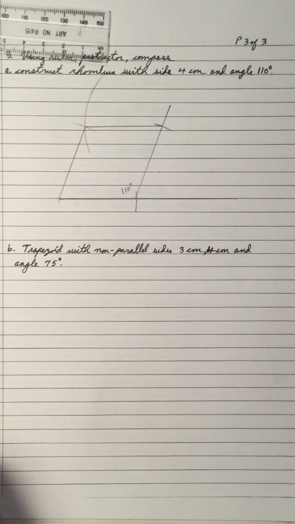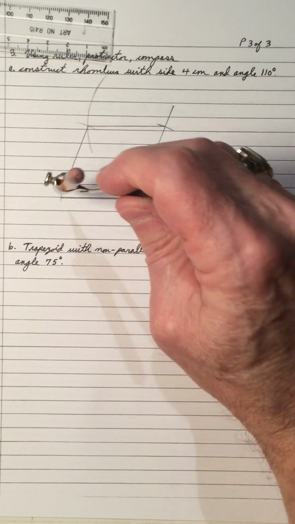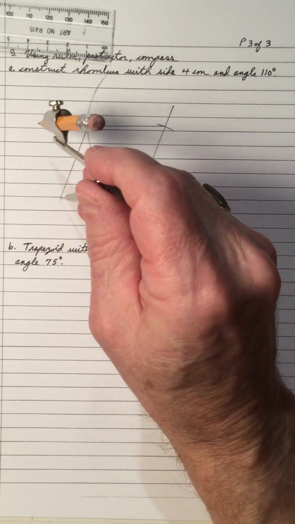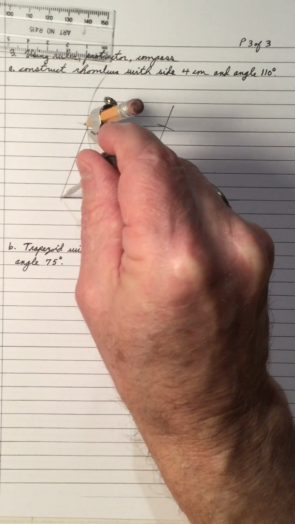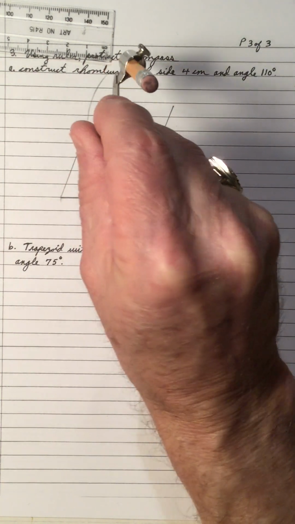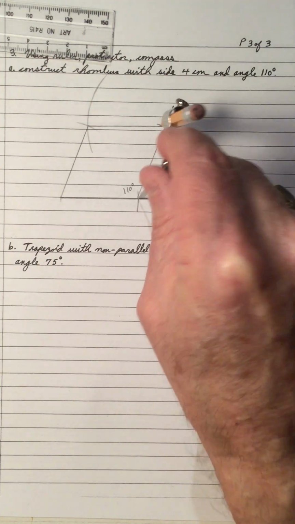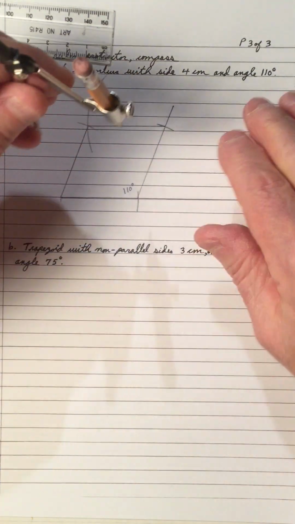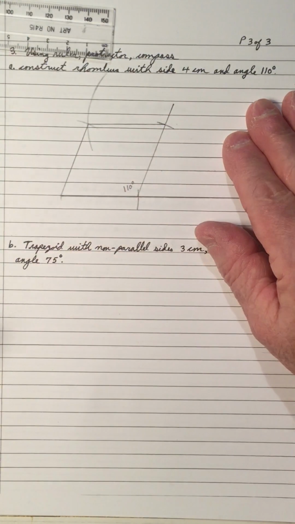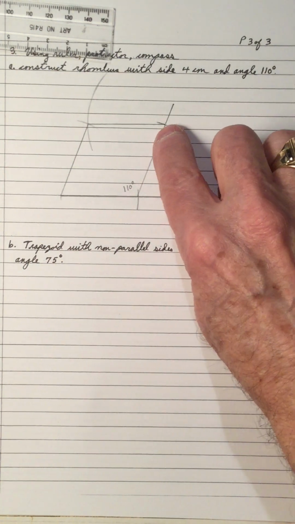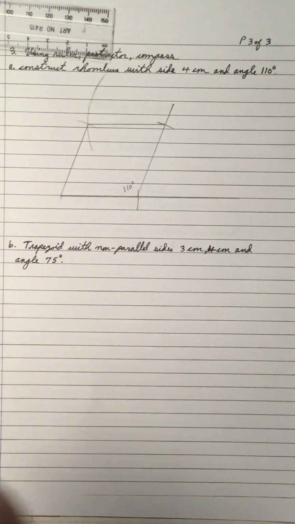So I have a rhombus of, just to check, that's 4. That's 4. That's 4. And go over the other side and make a 4. Pretty good. So it's off a tiny bit. You can see it's raised up here. So this angle is 110, and these are a rhombus.